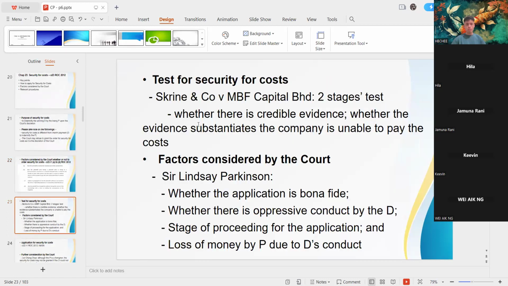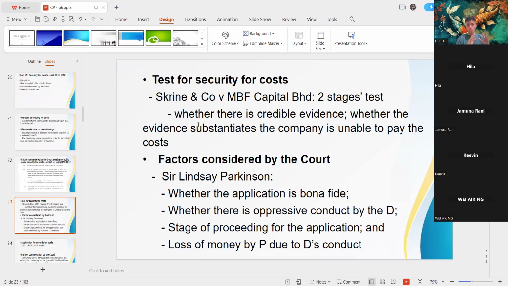For the test for security for costs, you can look into this case. There is a two-stage test. The first is whether there is any credible evidence, and then whether the evidence is enough to substantiate that the company is unable to pay the costs.